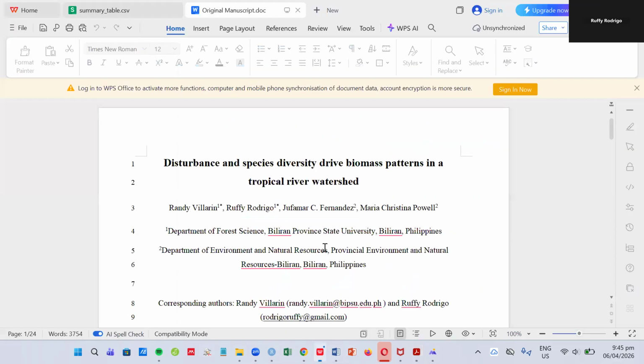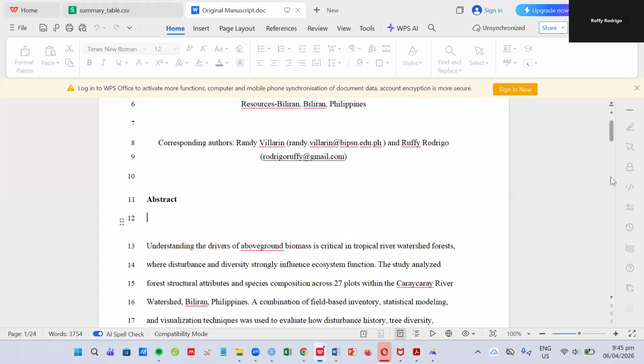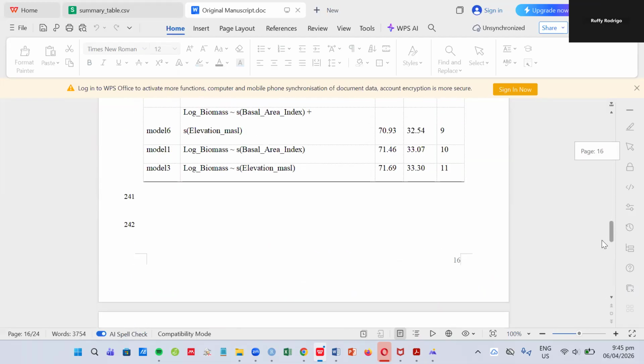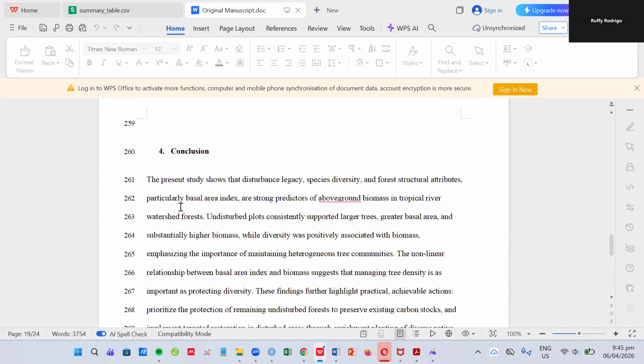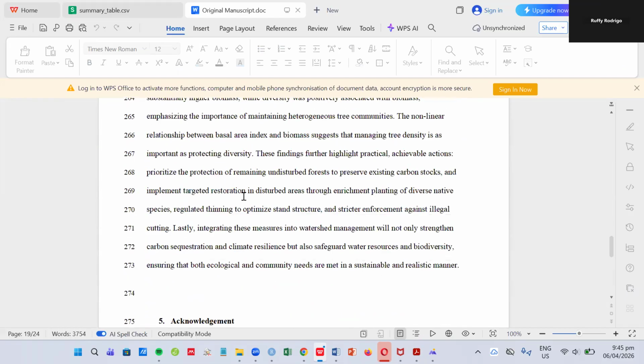In that case, I have a little bit longer one, I would say, but I think this should be enough for conclusions. So here, the presentation shows blah blah blah, and so on and so on. And then lastly, integrating these means into watershed management will not only strengthen carbon sequestration and climate resilience, but also safeguard water resources and biodiversity, ensuring that both ecological and community needs are met in a sustainable and real manner.